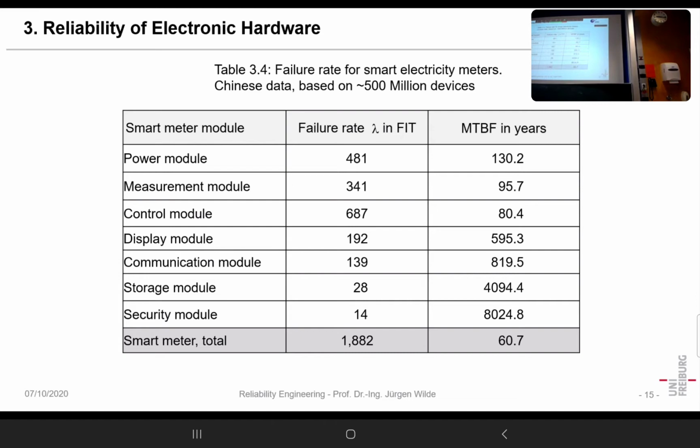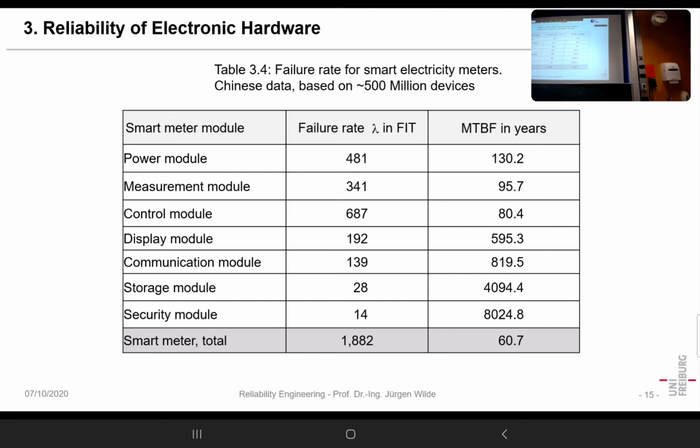And under the assumption that it is an exponential distribution, which we have seen in the first session, you just take the inverse of that fit rate and you get the MTBF or the MTTF equivalent here. That's the mean time to failure. And so when you have such a thing, you could say you as a single person can expect that it will fail every 61 years.